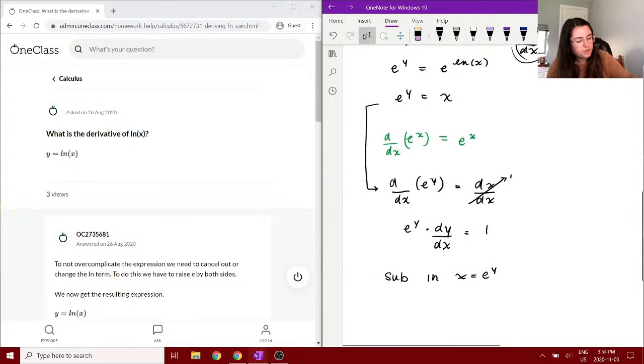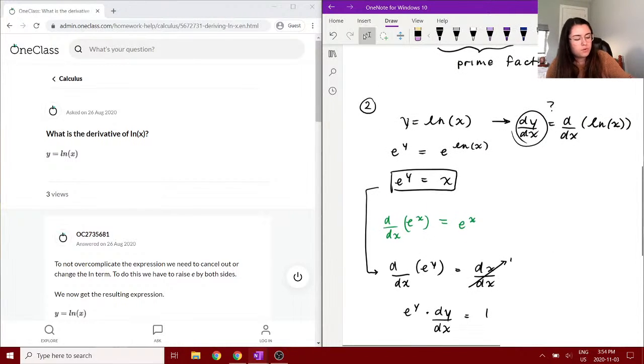Okay, so up here, remember we rearranged our original equation of y equals ln x. We rearranged it so that it was in an easier form, right?